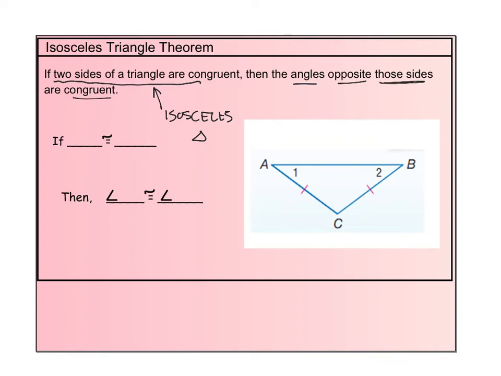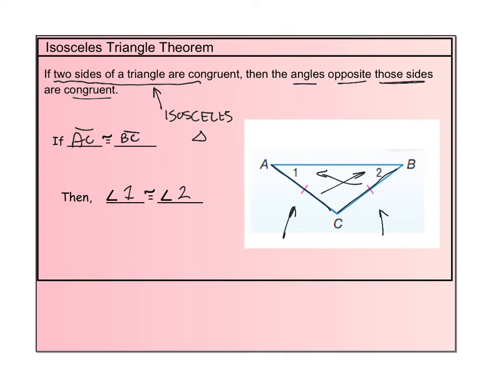Said more mathematically, if I have AC congruent to BC, then angle 1 is going to be congruent to angle 2. So in an isosceles triangle, whichever two sides are congruent, their opposite angles are congruent.